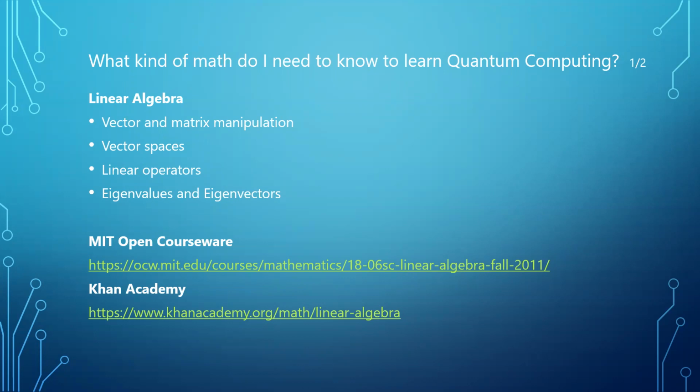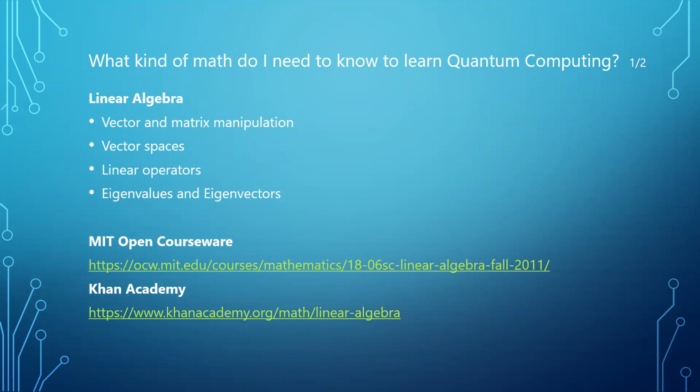If they are serious about learning the theory behind quantum computing, they will benefit a lot by knowing some linear algebra concepts such as vectors, matrices, their manipulation, vector spaces, linear operators, eigenvalues, eigenvectors, and so on. But if they are not familiar with these concepts, not everything is lost.